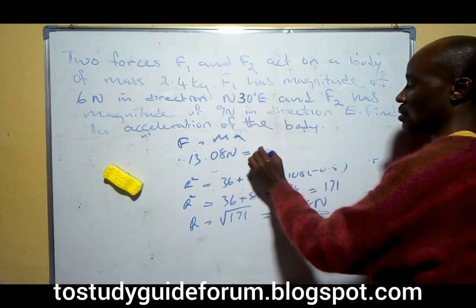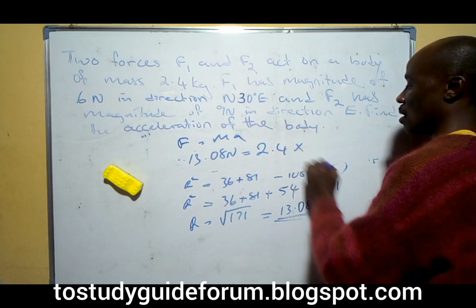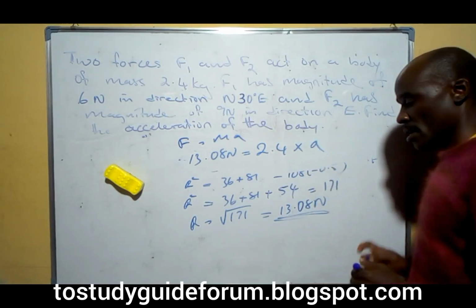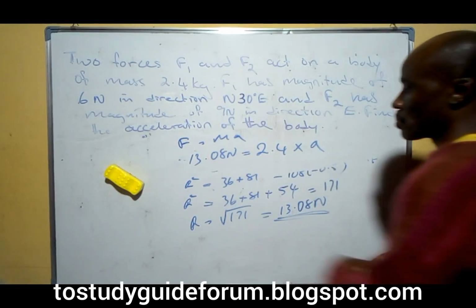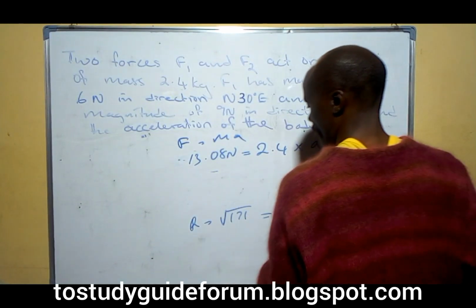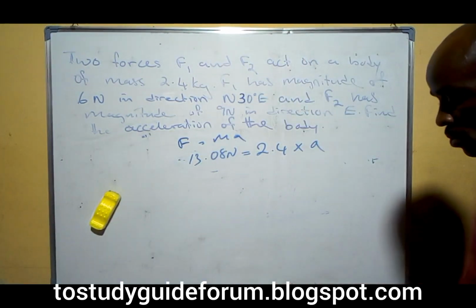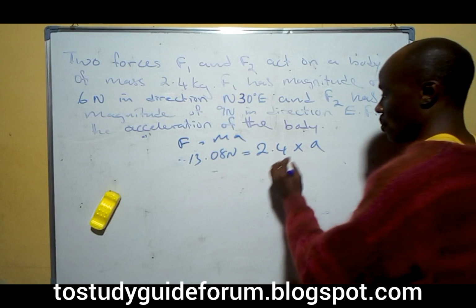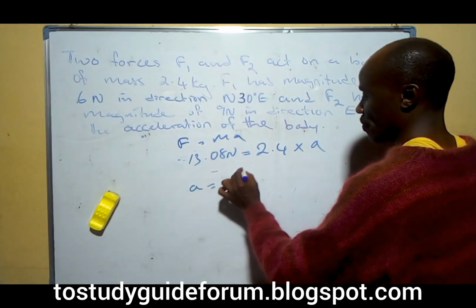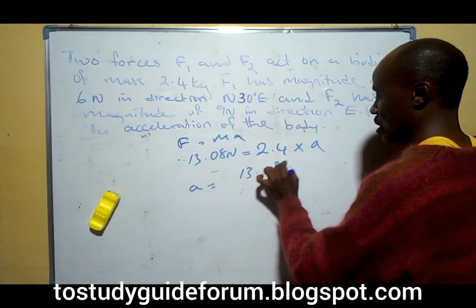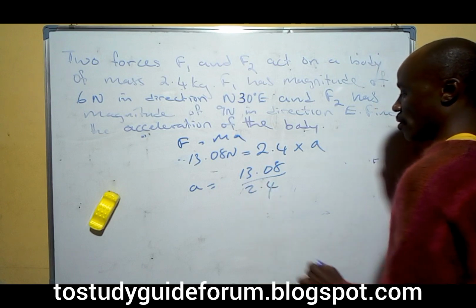Our mass is 2.4 and our acceleration is a, the one we are looking for. So now, making a the subject of the formula, we have 13.08 over 2.4.